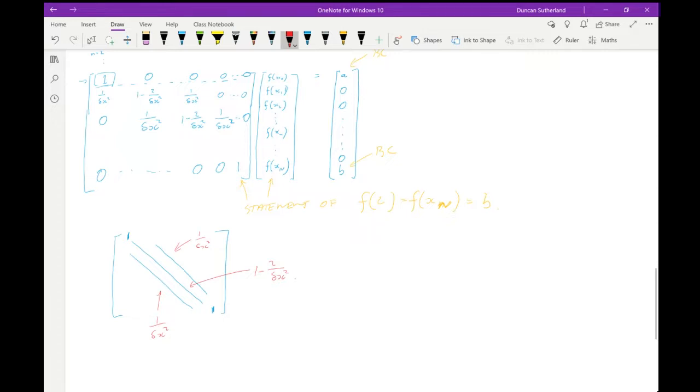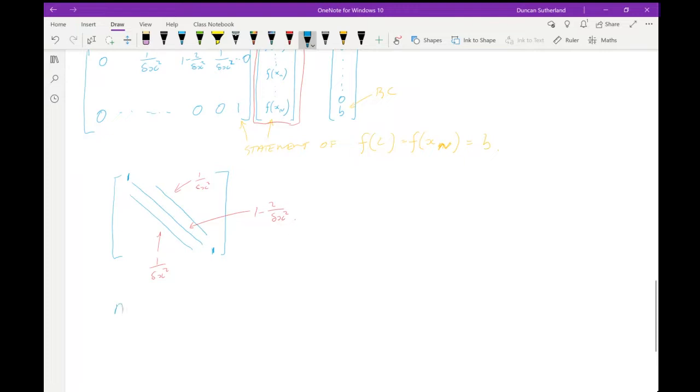Now, this matrix problem is completely specified. All we have to do is invert this matrix, or we use back substitution, whatever our favorite matrix solving technique is, and we're done. We extract F. Right, that's all.